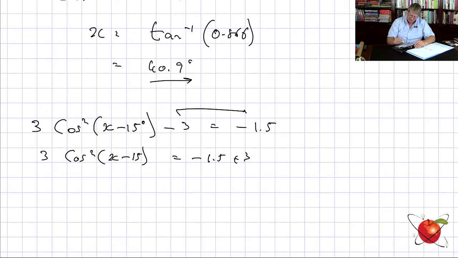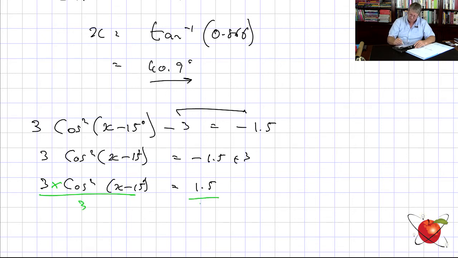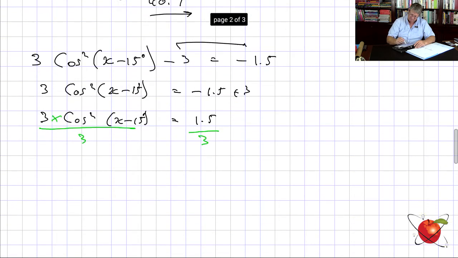Okay, I'm going to just take my time. I'm going to say, right, 3 cos squared of x minus 15 degrees. I do leave it out. What is minus 1.5 plus 3? It is 1.5. Then what? What is between here? Remember the onion. We're peeling it. There's a times. So I divide both sides by 3. Right? Which gives me what? Okay.